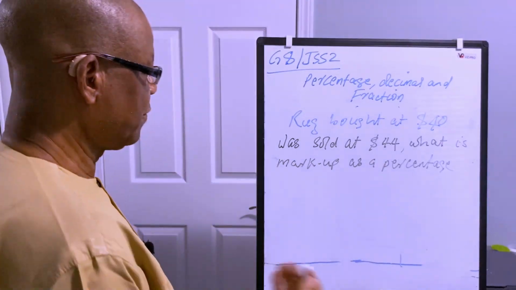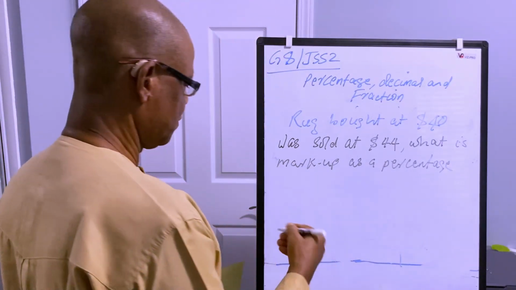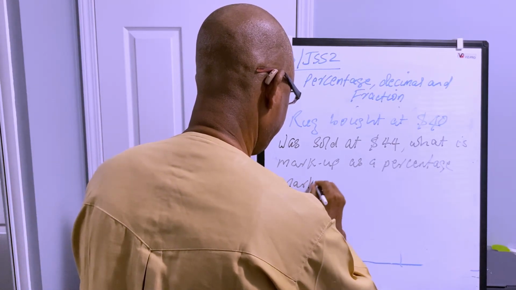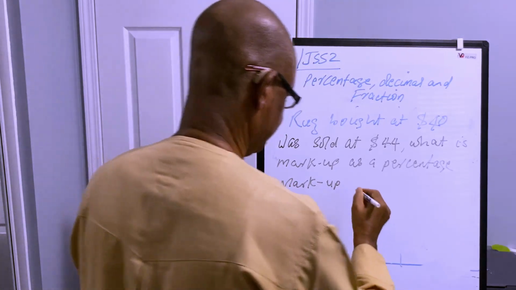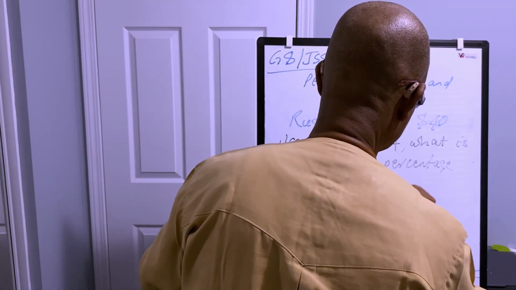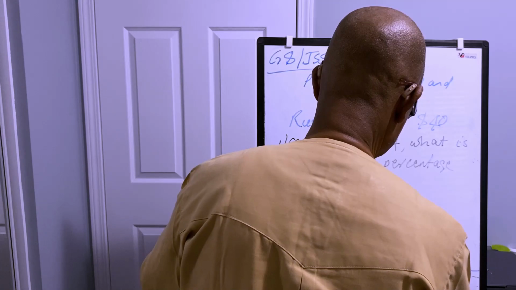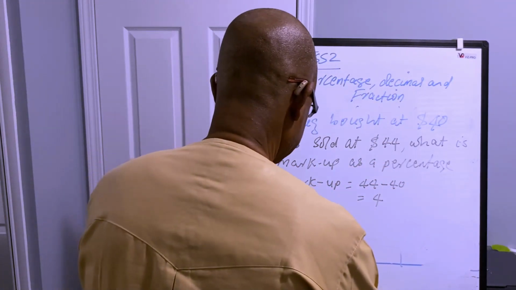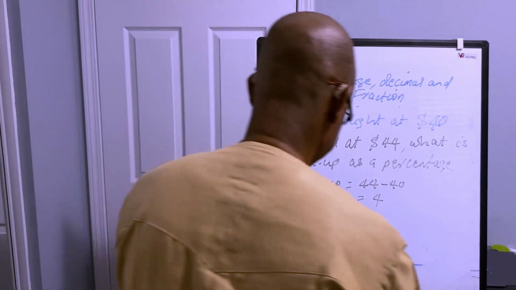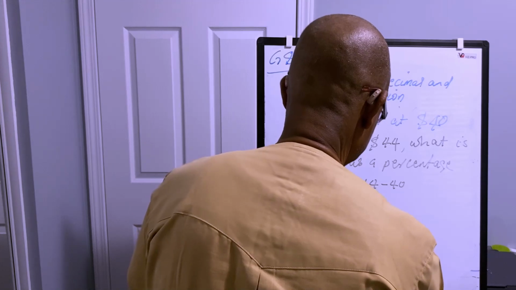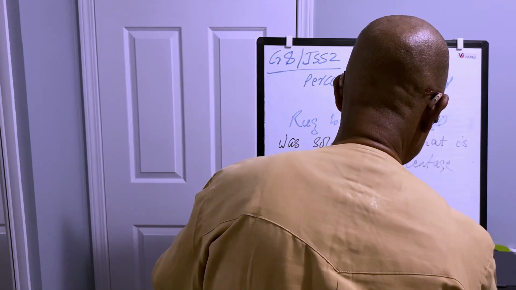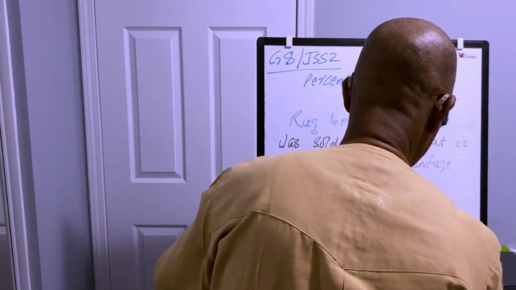So we find the markup first of all, which is the same thing as profit. Markup is equal to 44 minus 40. That will give us 4. Then the markup percent is equal to the markup over the cost price times 100 over 1.